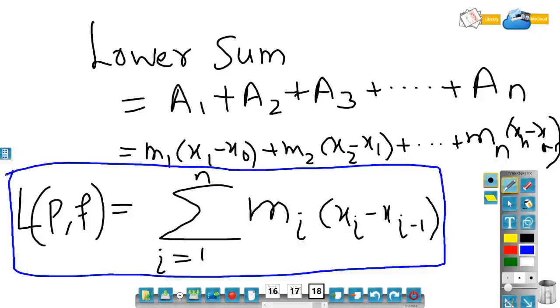So the LPF formula is summation i goes from 1 to n of small mi times (xi minus xi-1). Similarly, we had defined UPF, which is equal to summation i goes from 1 to n of capital Mi. That capital Mi was the supremum of the function over the ith rectangle.